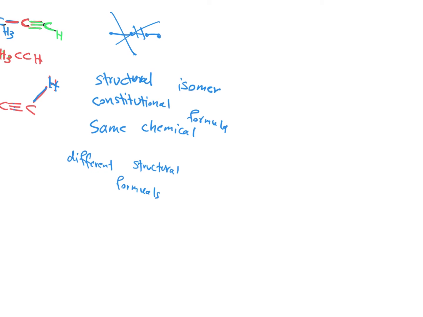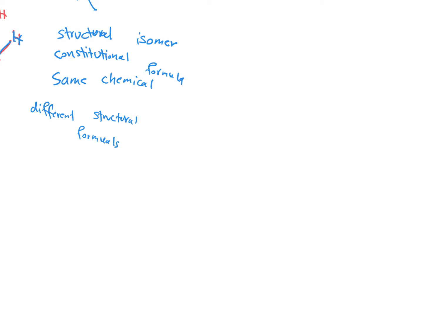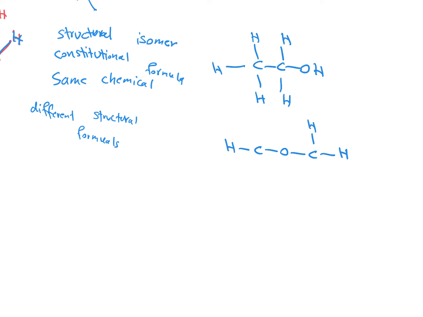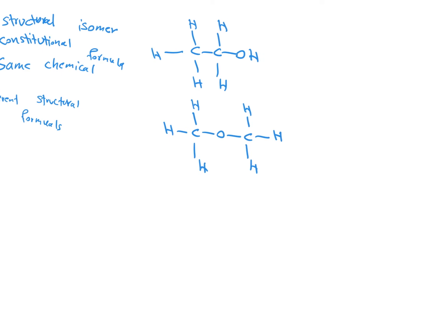Meaning that, for instance, if you look at these two, ethanol and methoxymethane, CCOH, H, and HCOC, H. If I ask you in the exam to write the chemical formulas of these, you count the number of carbons here is 2, so C2.